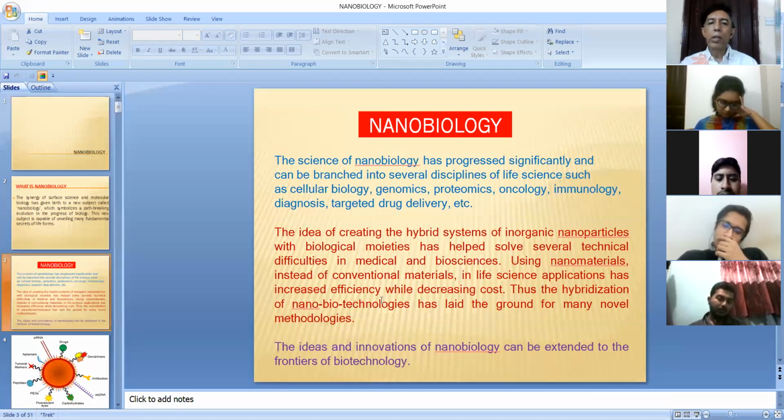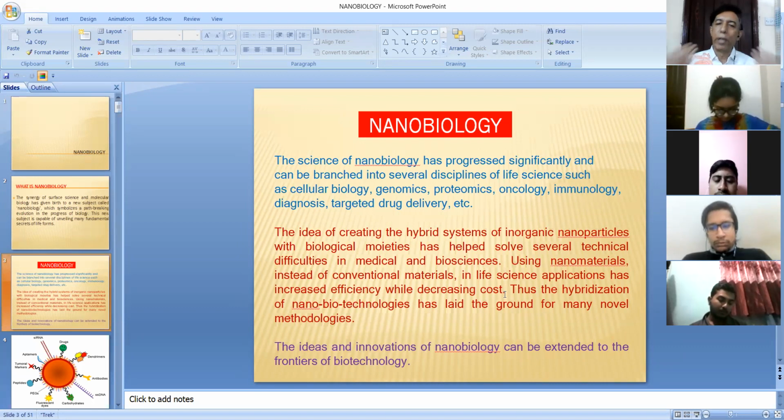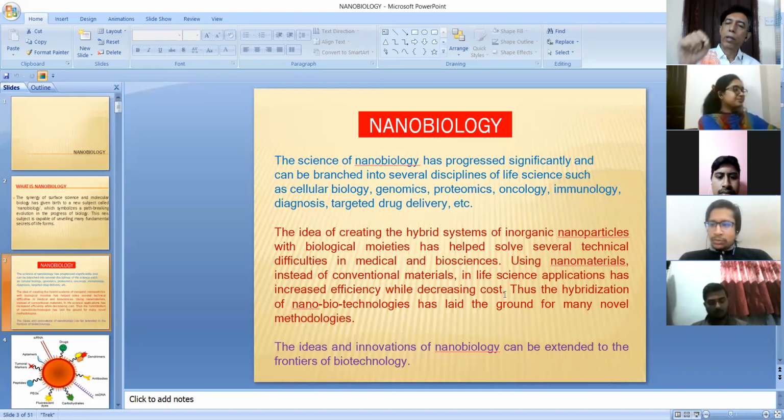Using nanomaterials instead of conventional materials in life science applications has increased efficiency while decreasing cost. If you use nanomaterial instead of conventional material, then the efficiency of the material will be increased, and it will decrease the cost because nanomaterial requires a small amount.